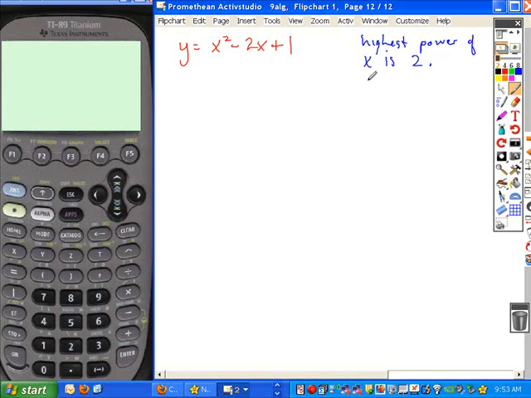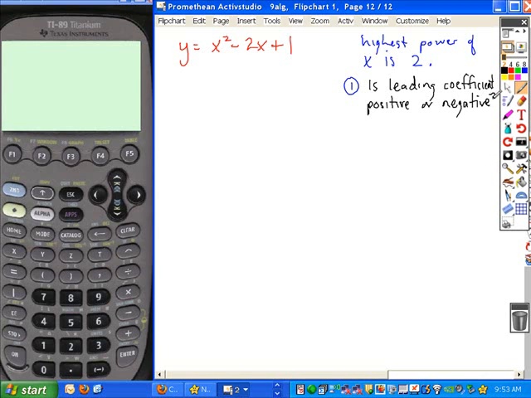The first step of identifying information about this graph is to find out, is the leading coefficient positive or negative? So what is it in this example? The leading coefficient is this value in front of the x squared.